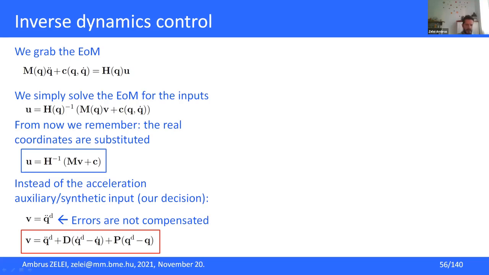D behaves like really a dashpot or damper, so it helps to get rid of oscillations, and P provides the convergence to the desired position. So if Q desired minus Q is 0, then everything is all right.